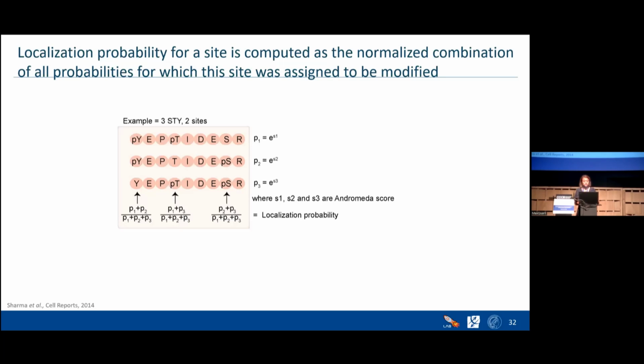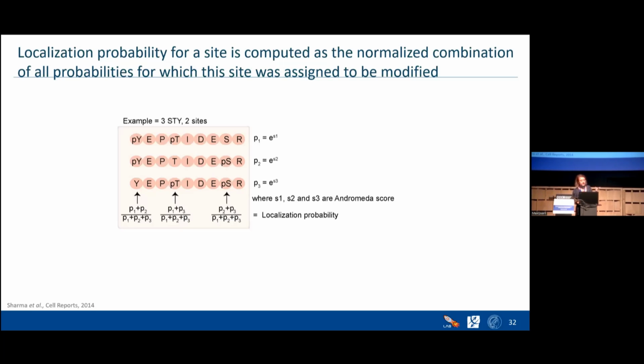After we get the probability, for each site, we normalize this information. On the first site, we have these 2 tyrosines, and we know that it could be phosphorylation with probability 1 and probability 2. So we sum these 2, and then we normalize by all of these values.